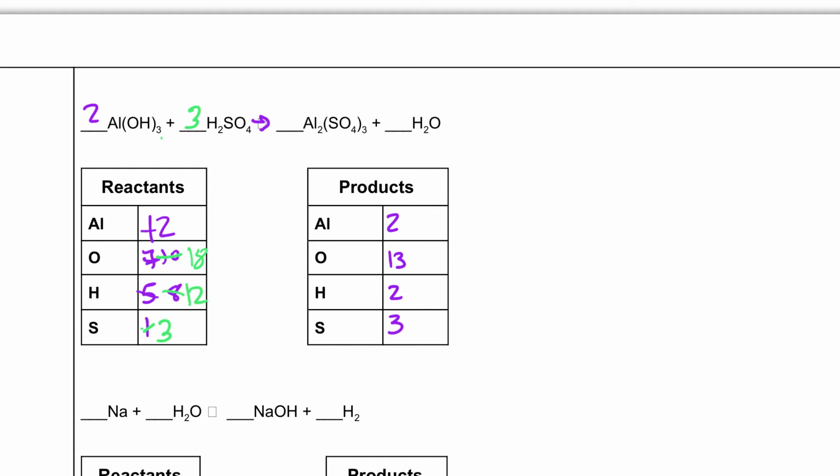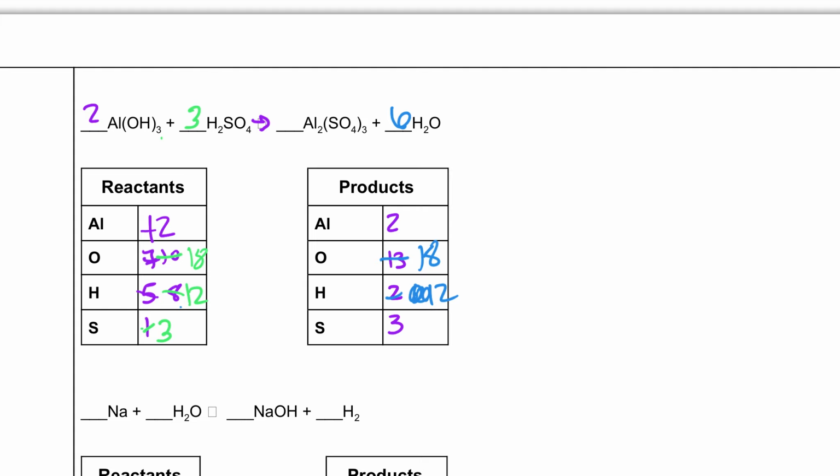So it'd be easier on the product side to balance the hydrogens first because hydrogen only appears in the H2O. I have 12 oxygens on the reactant side, so I need 12 on the product. Oops, that's 12. And then my total number of oxygens ends up being 18 as well, and this is balanced.